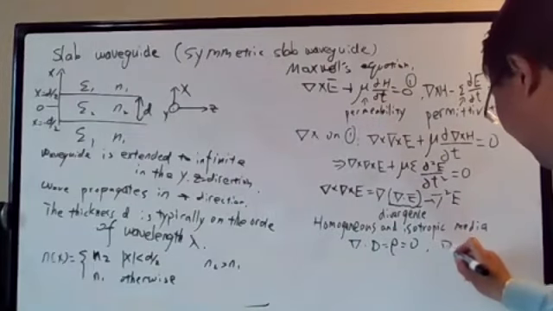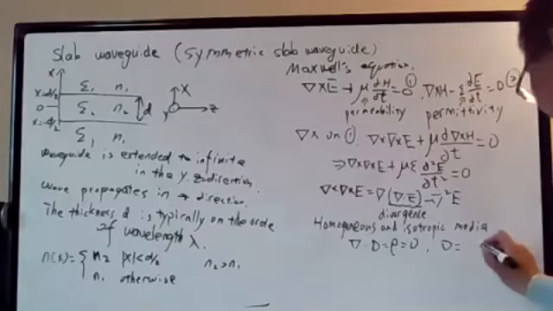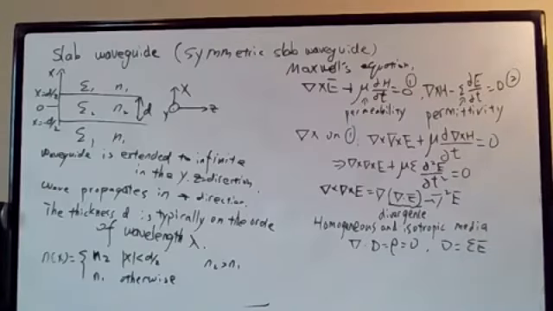And D is epsilon E, so at any section this epsilon is uniform.